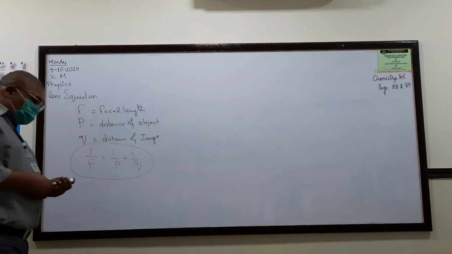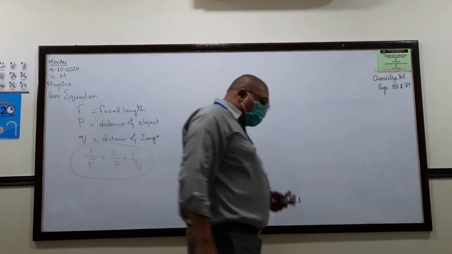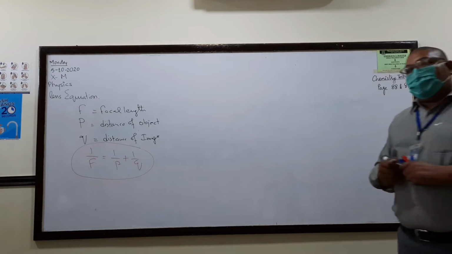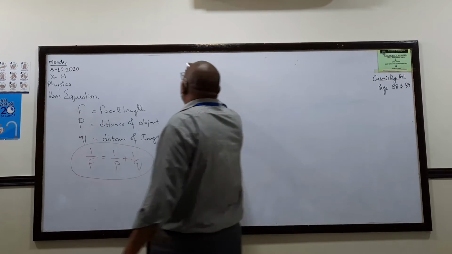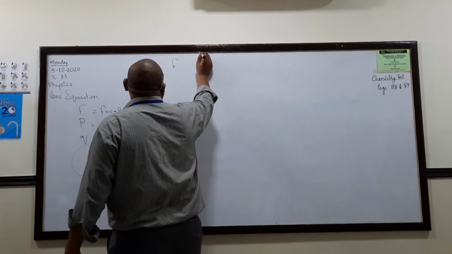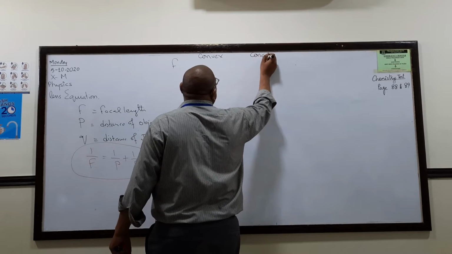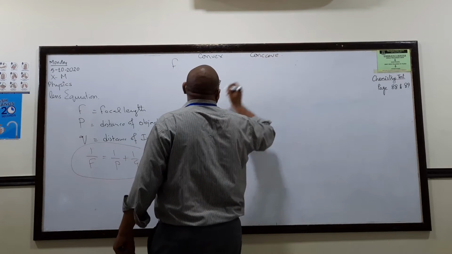And we have studied that there are two kinds of lenses: the convex lens and the concave lens.